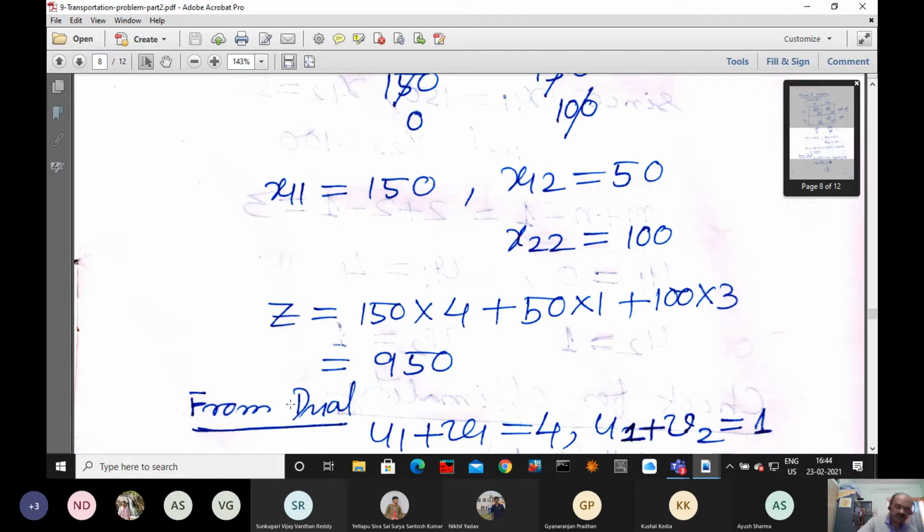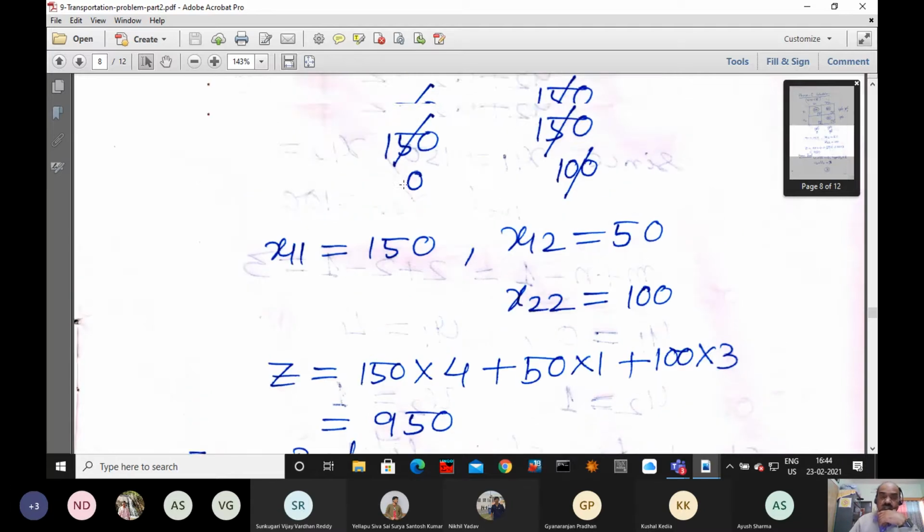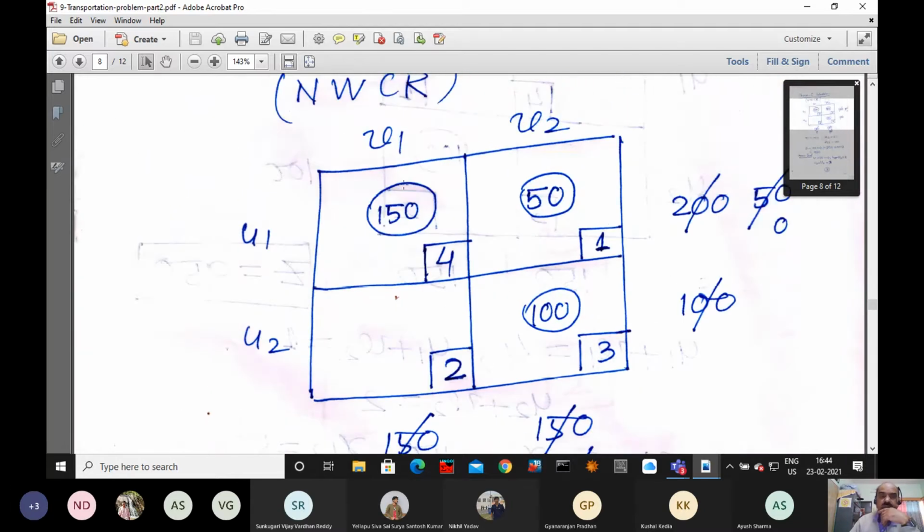So how do we check? We'll check in this manner. Since we have said x11 equal to 150, this 150 is a positive, non-zero quantity.